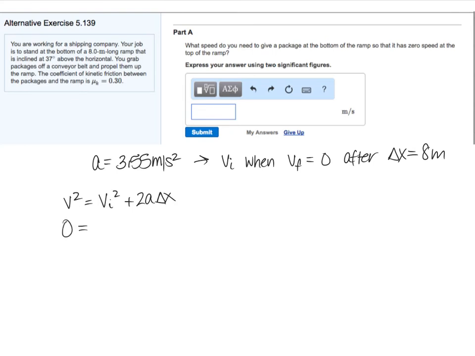This is 0. This is what I'm looking for. My acceleration is minus 3.55. My displacement is 8. This allows me to find my initial velocity, which is 7.54 meters per second. So that's the first part of the problem.